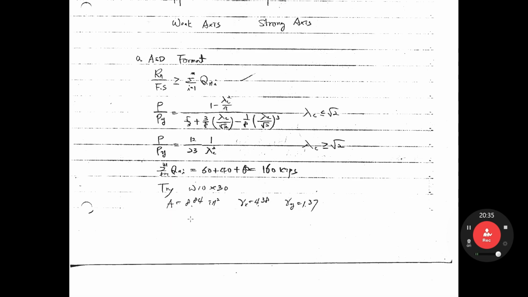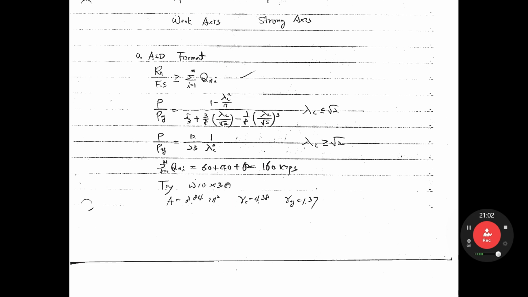Here we calculate sigma Qni: 60, 40, 60. Okay, the total load is 160 kips. So we try a W wide flange section, 10 times 30. This 30 means pounds per foot. 10 means 10 inch height. Area is this one, rx, ry, like that.